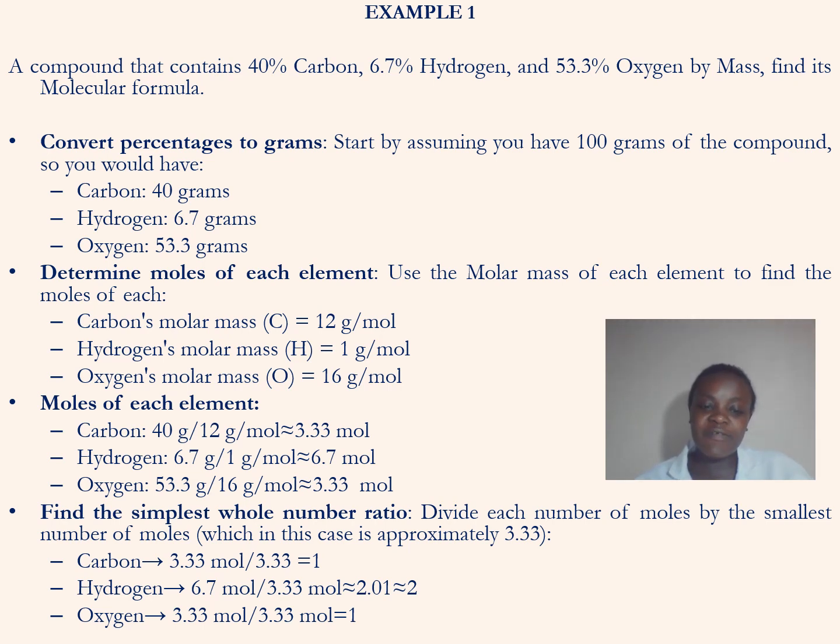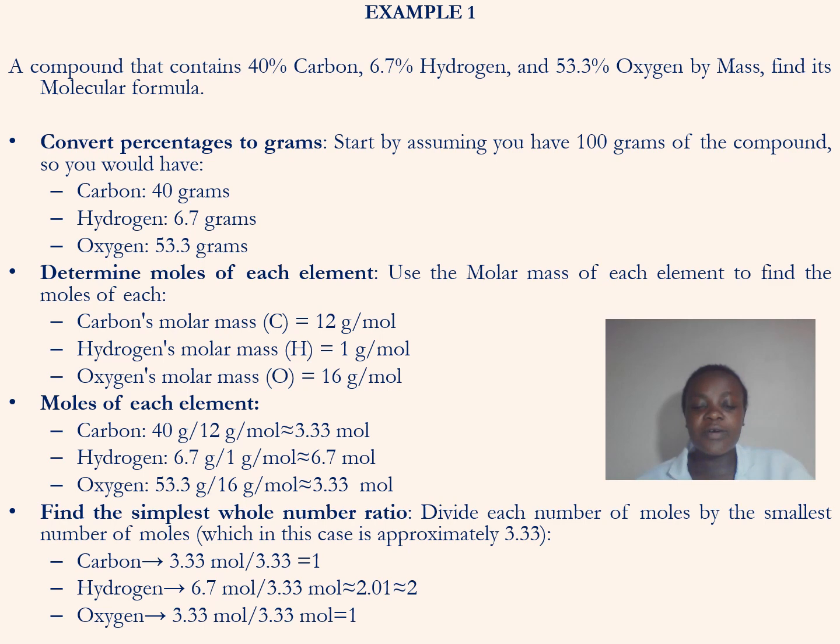For carbon, it gives a mole ratio of 1. For hydrogen, it gives approximately 2.001, which we can round off to 2. For oxygen, 3.33 divided by 3.33 gives 1. So now we have our ratios for each element: 1 is to 2 is to 1.